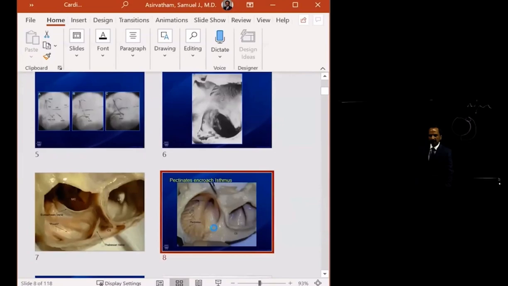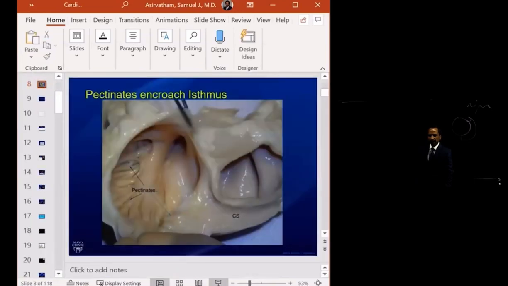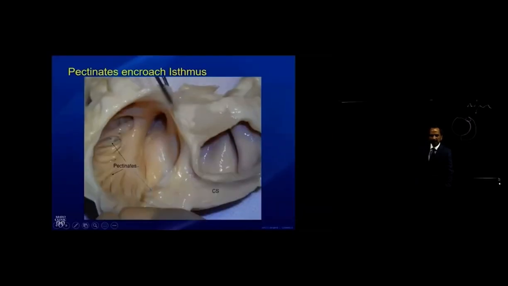So this is the region that Amar is mentioning, this ridge here. And if you notice this ridge, unlike the crista terminalis, it's not really a thick tissue ridge, but it's an invagination. And this invagination is from the left superior vena cava.